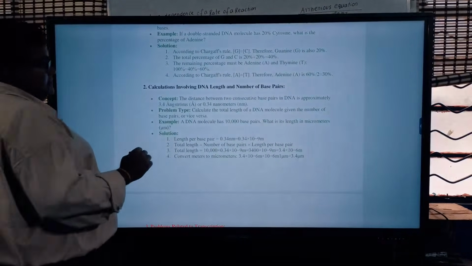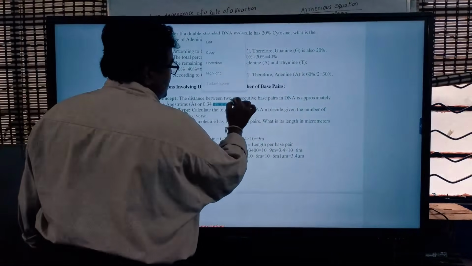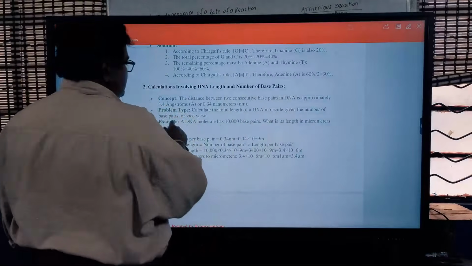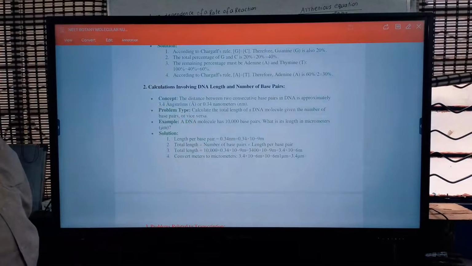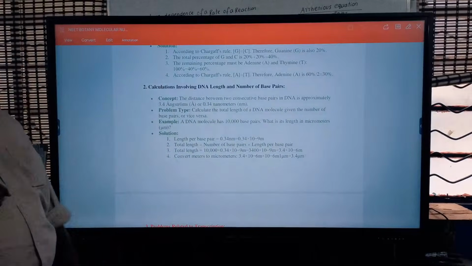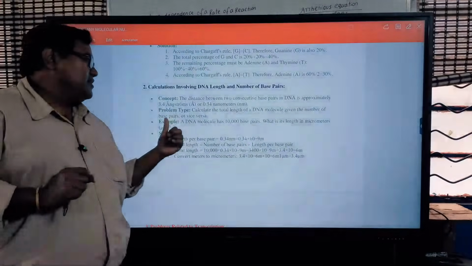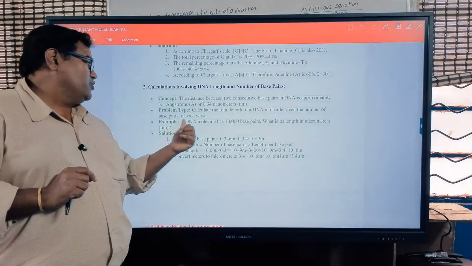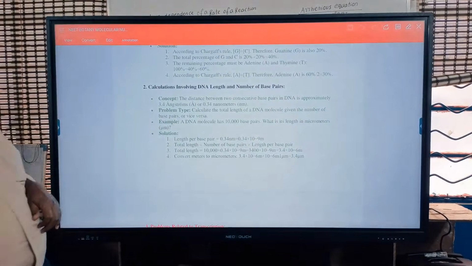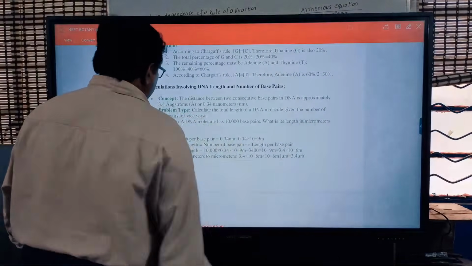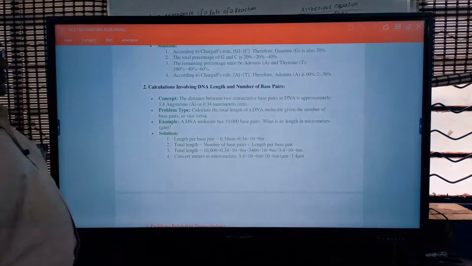The question: the distance between 2 consecutive base pair in the DNA is 3.4 angstrom or 0.34 nanometer. Calculate the total length of the DNA given the number of base pair, or vice versa. So a DNA molecule having 10,000 base pair, let us consider. What is the length in micrometer?